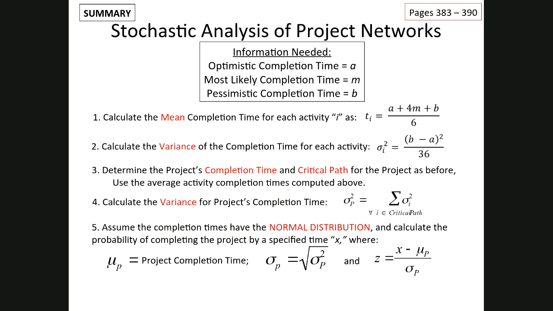Again, the information that you're given, how to calculate the mean, how to calculate the variance, complete the completion time with the critical path method, calculate project variance, and then assuming the normal distribution, use the normal distribution to answer the questions that we need to have answered.